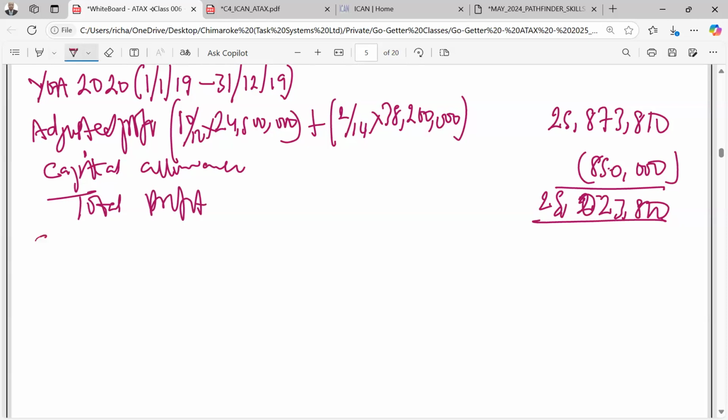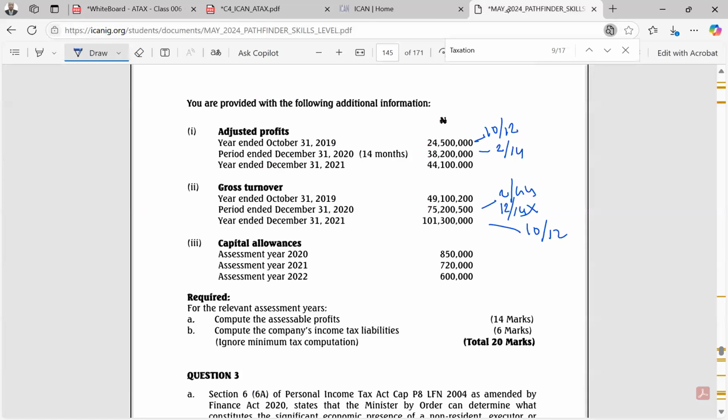Then your CIT at 20%. So you do the same thing. Here is going to be 10 over 12. Here is going to be 2 over 14. Let's see what you get. Okay.